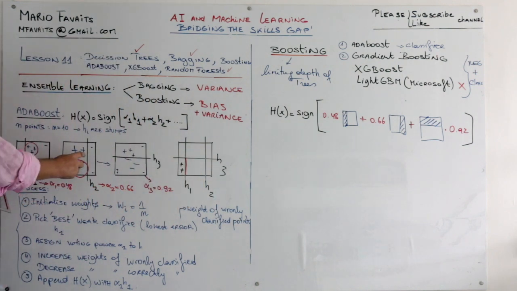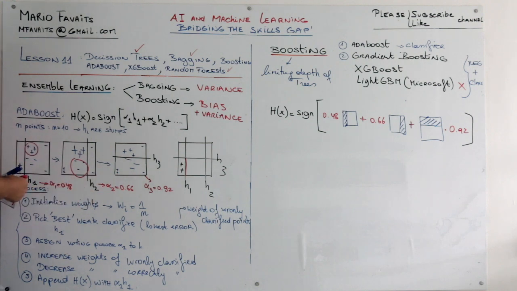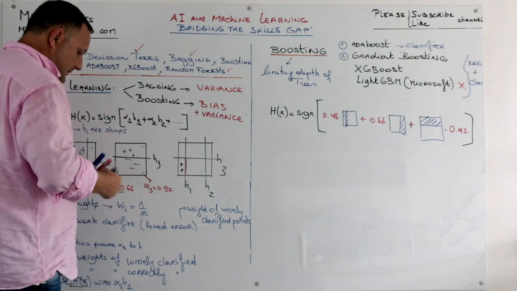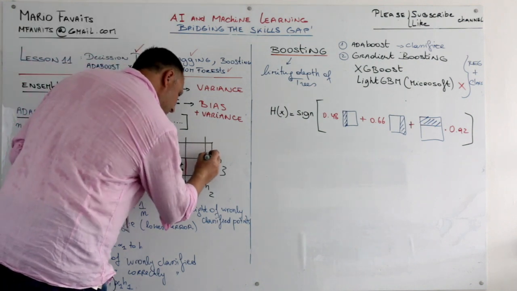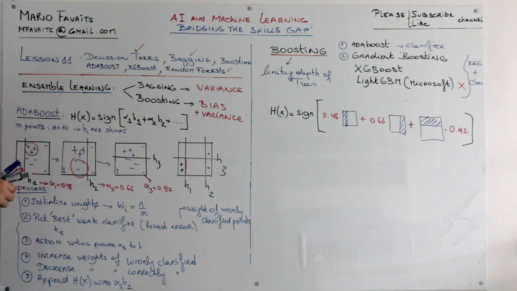Then let's look at these 2 minuses here. Here they have been correctly classified, here correctly classified, and here one of them was wrongly classified. But these 2 will overrule this one when it comes to the 2 minuses on the edge. So we have a minus here and a minus here, on the negative side.